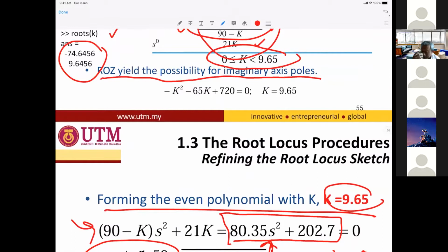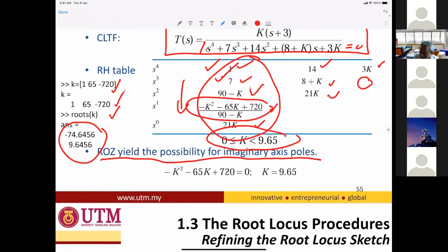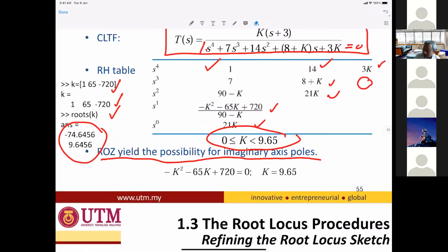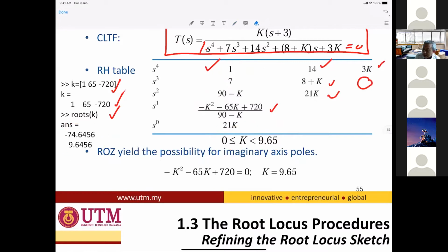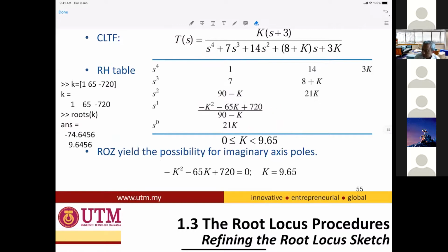I don't understand, because in forming the even polynomial, where is the S to the power of 4? Because there is also a 1 at the part of S to the power of 4. But then inside, there is no S^4. I don't know if it is missing or not.